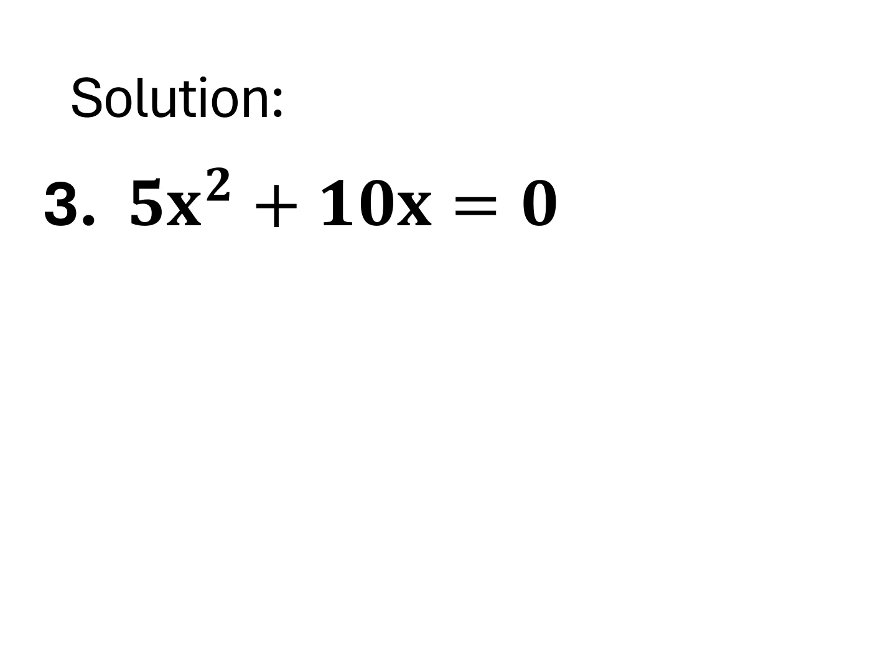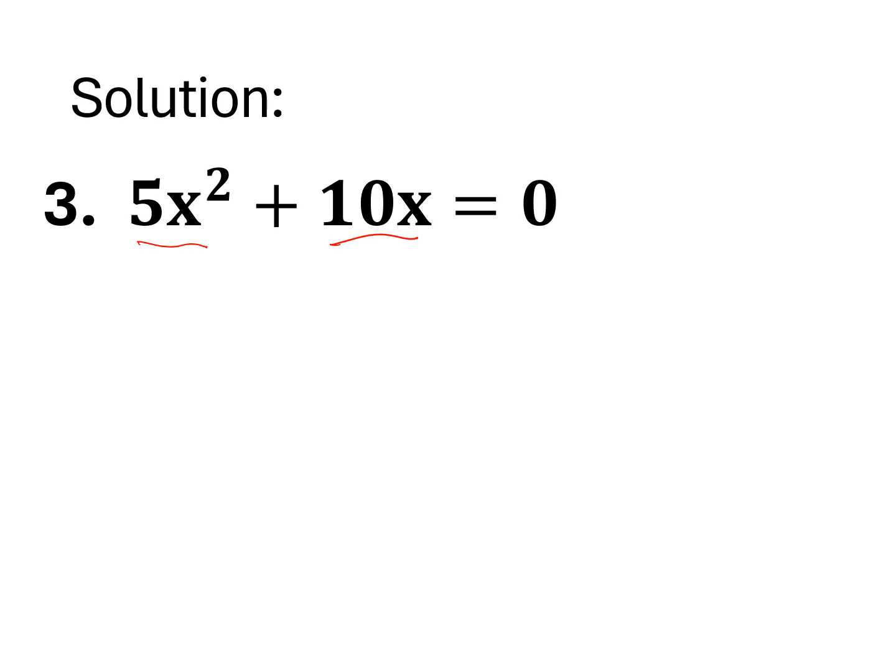Okay, in number 3, quadratic equation 5x squared plus 10x equals 0, you can see only two terms, the quadratic term and the linear term. To factor this expression on the left side, let's consider the GCF, the greatest common factor. So what is the greatest common factor of the two terms?